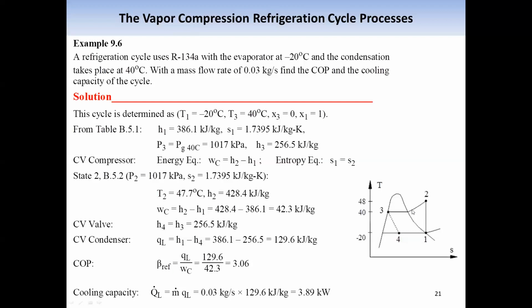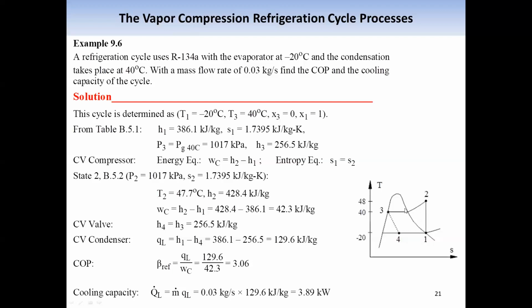This line represents a constant pressure line. So the pressure of state 2 equals the pressure at state 3. This is a saturation liquid line, so the pressure can be found from the saturation table.